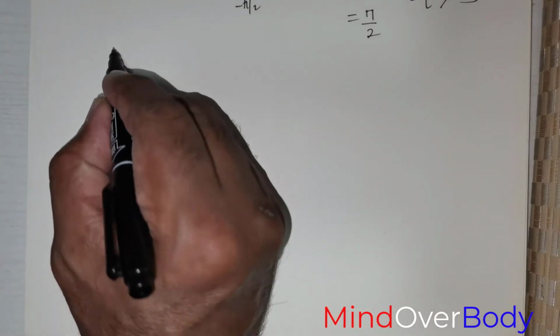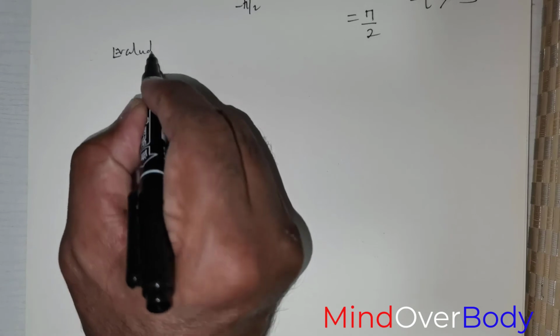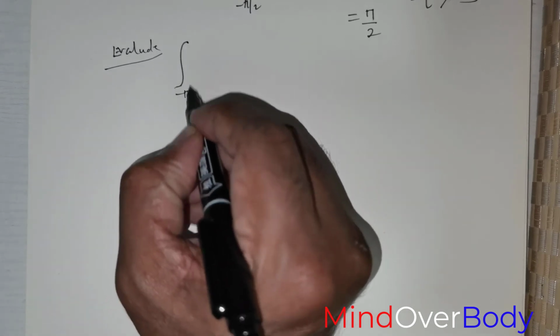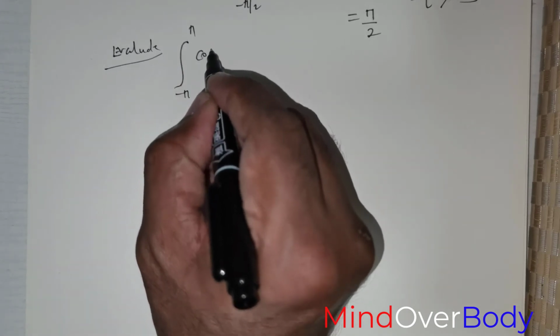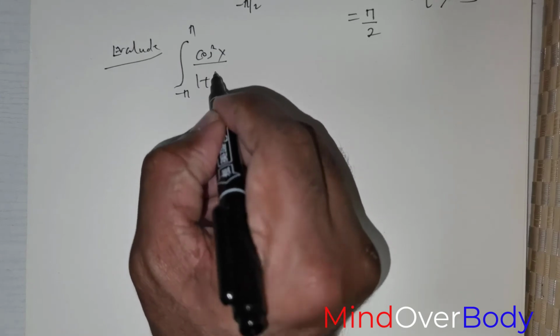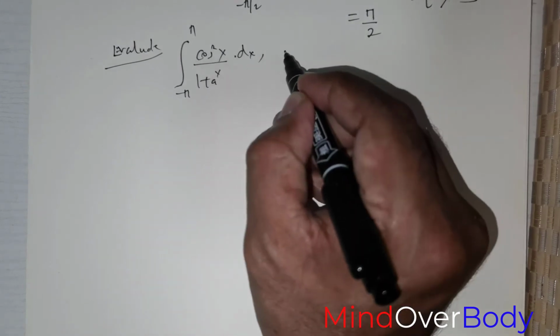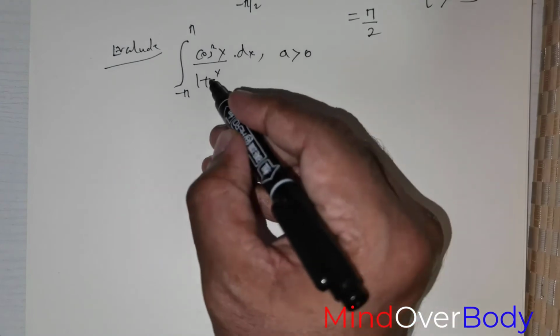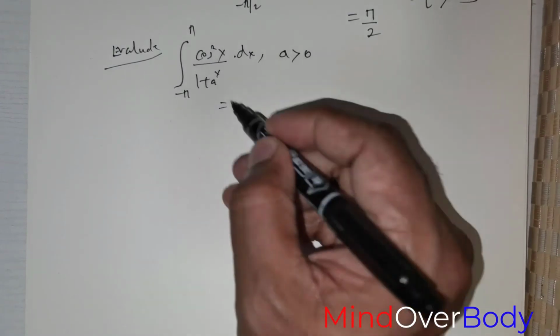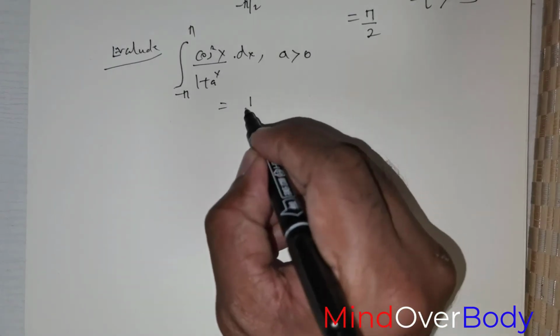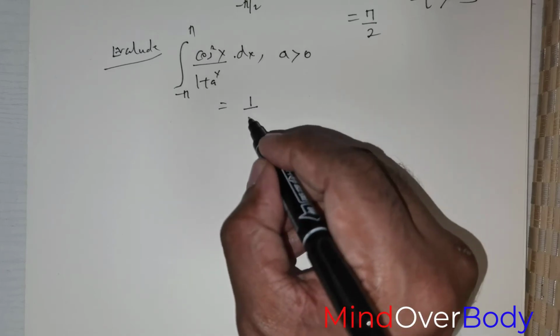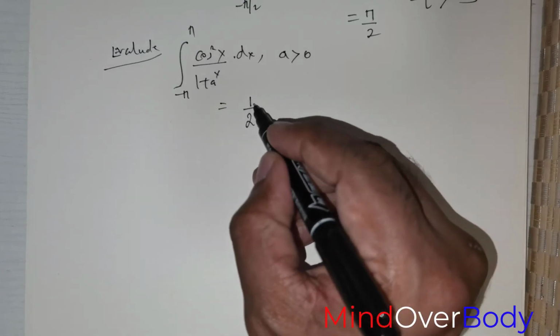Let's do another question, students. We are expected to evaluate integral negative pi to pi cos squared x over 1 plus a raised to the power of x times dx, with the value of a greater than 0. As I mentioned to you, this can be gotten rid of, and once this vanishes, this integral has to be multiplied with 1 over 2.